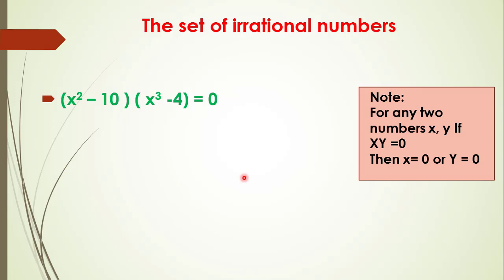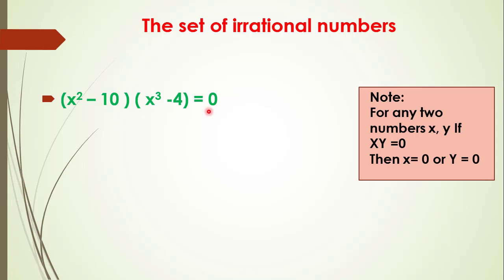Let's take another exercise. x power 2 minus 10 times x power 3 minus 4 equals 0. I want to solve this equation. What can we do?